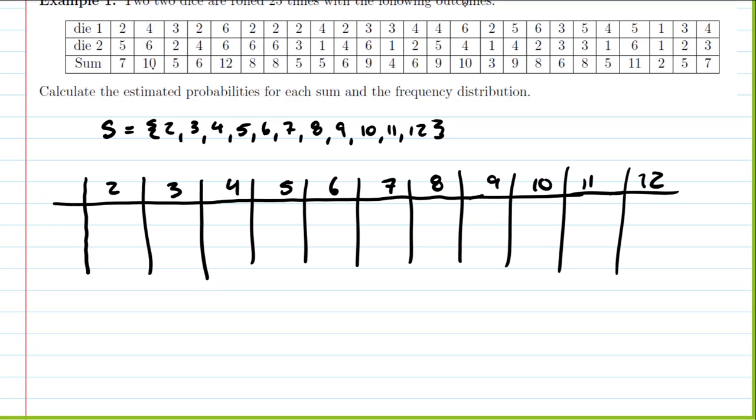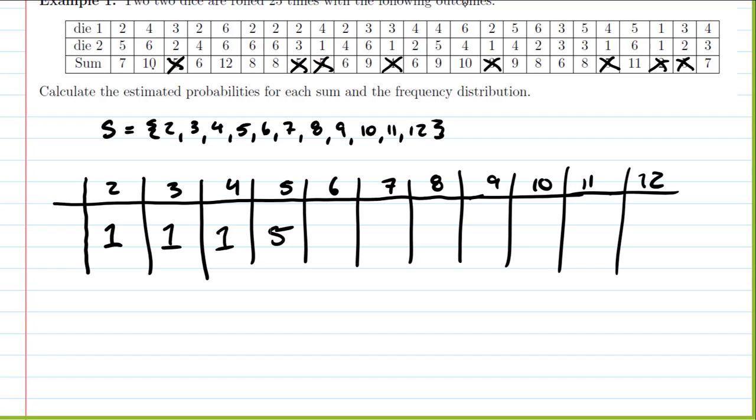Go through my list. Looks like I only have 1 2. How many 3s do I have? So I go through my list. 1. 3. Okay. Go through my list. How many 4s did I have for my sum? That's 1. I go through my list. How many 5s do I have? 1, 2, 3, 4, 5.